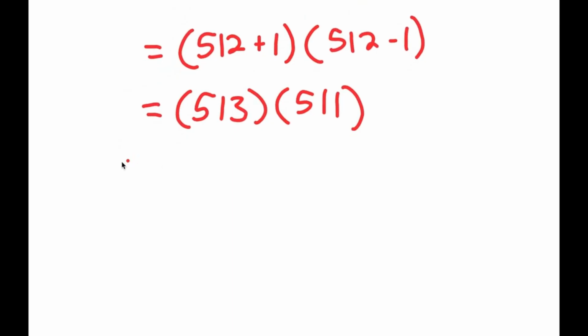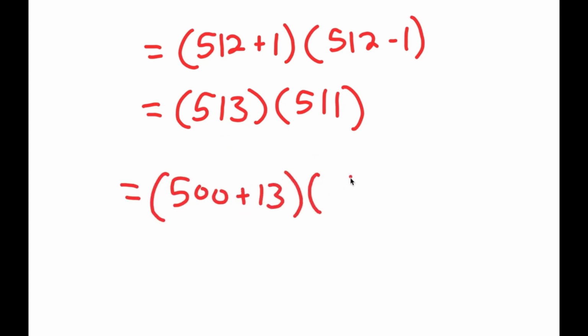And now there is a simpler way. Instead of multiplying these two using the normal method, like this, there is a faster and more efficient way to do that. And how are we going to do that? Well, I'm going to rewrite 513 as 500 plus 13, and 511 as 500 plus 11.